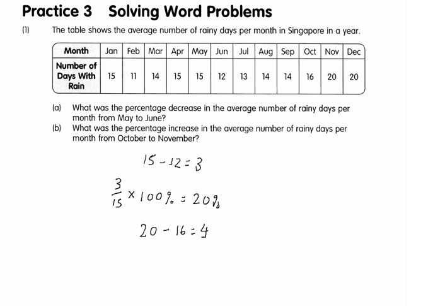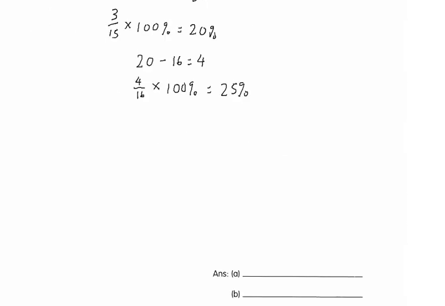So what's the next step, Araki? 4/16 or 4/20? 4/16 multiplied by 100% equals to 25%. Okay, remember to write your answer at the bottom, both your 20% and your 25%.